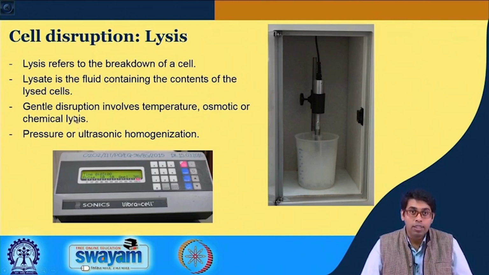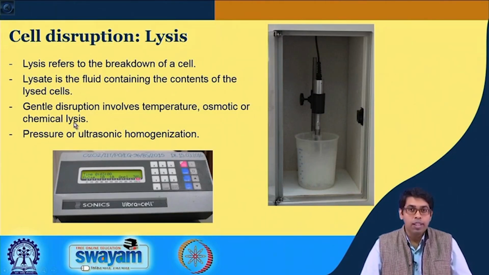One is the gentle disruption method, which uses temperature, osmotic pressure or chemicals, and the other one is mechanical disruption, which can use high pressure or ultrasound. In our lab, we use a combination of chemical lysis and ultrasonication.